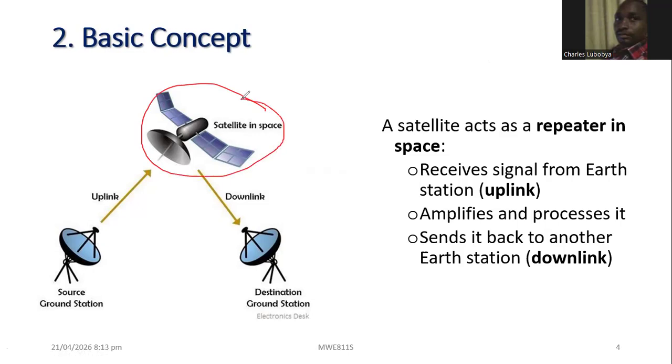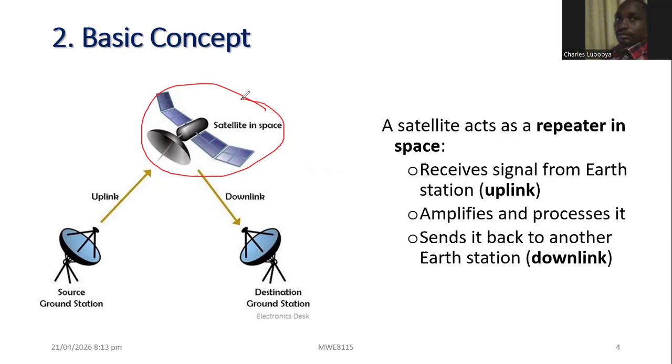And what a satellite does is to receive the signal from the ground station, especially from the source, via some uplink, the signal being essentially uploaded to the satellite. And once the signals are received from the Earth station through the uplink component of the telecommunication system, the signal is then amplified and goes through some processes.